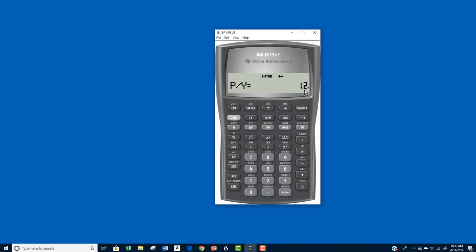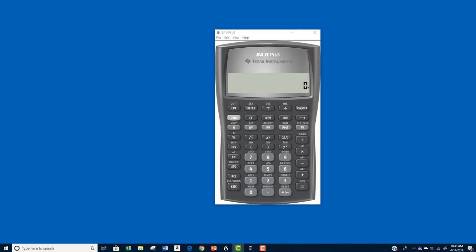If the display reads 12 or any other number, you'll need to change it by pressing the 1 button followed by pressing enter. You have set the payments per year to 1 at this point. You need to make sure that during your class that your professor is using a payment per year of 1.